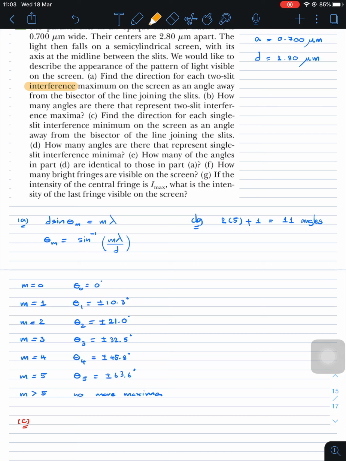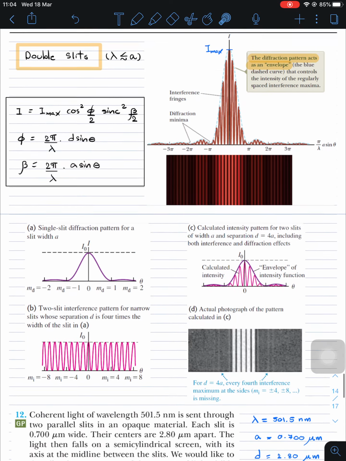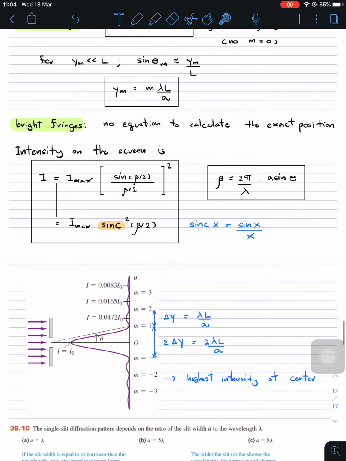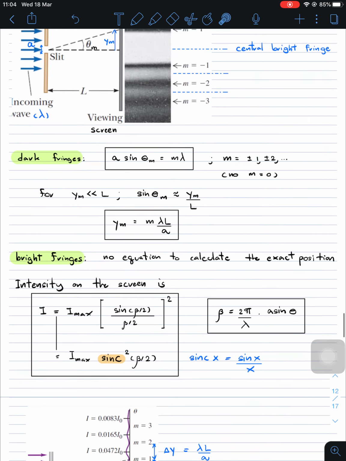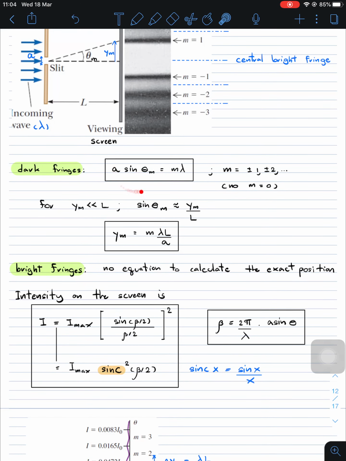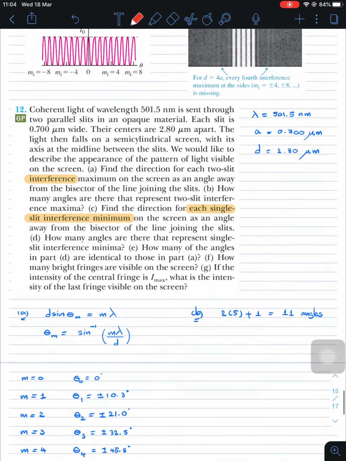Now we want to take into account each slit's interference minimum on the screen. So we need to use this equation to find the angle of the dark fringe, or the angle of the minimum. From the equation, a sine theta m equals m times lambda.